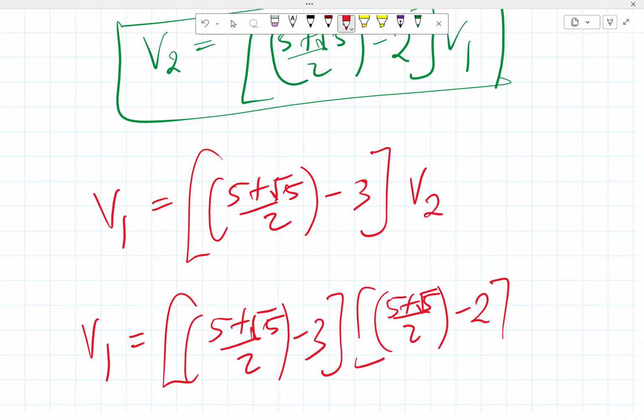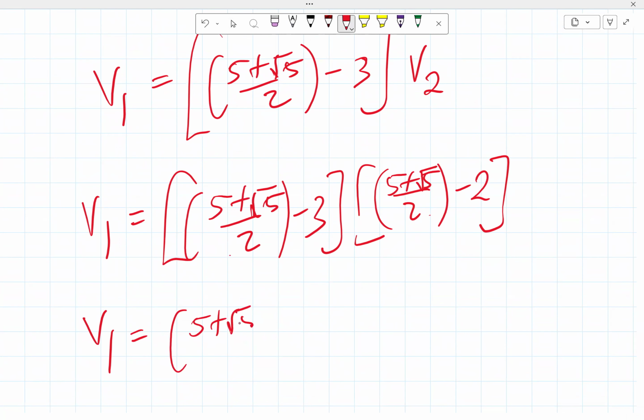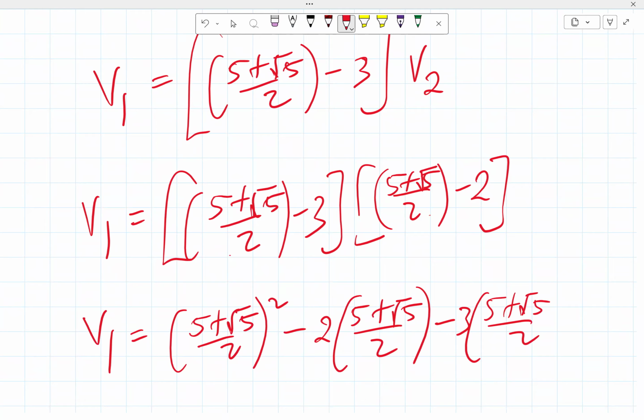So we can tidy this up. V1 is equal to, this multiplied by this, that's 5 plus root 5 over 2 squared. Then this times this, that's minus 2 times 5 plus root 5 over 2. Then this times this, that's minus 3 times 5 plus root 5 all over 2. Then lastly, 3 times 2, that's 6.